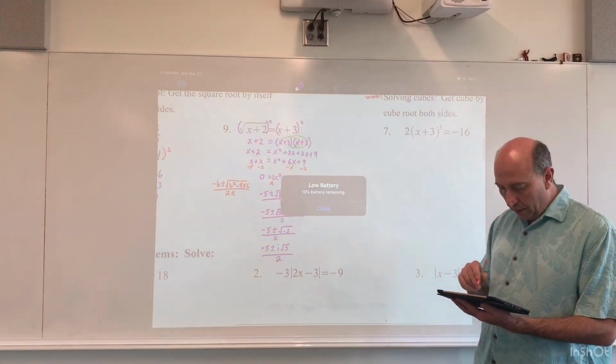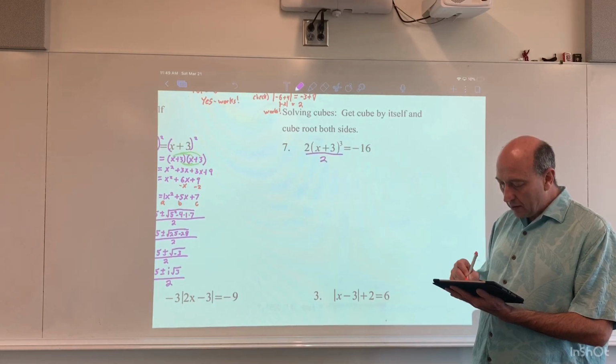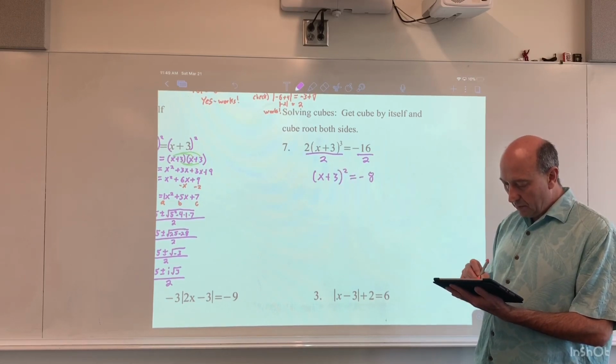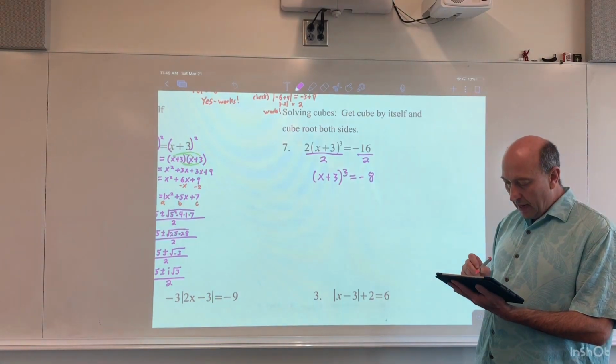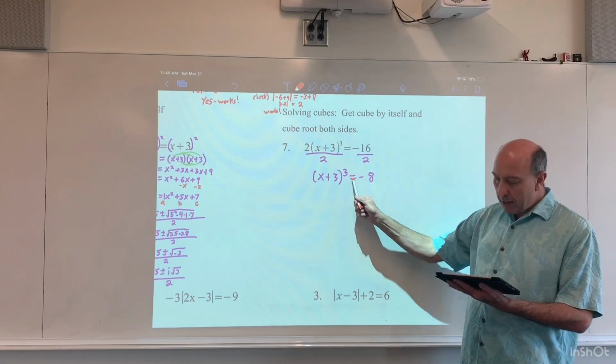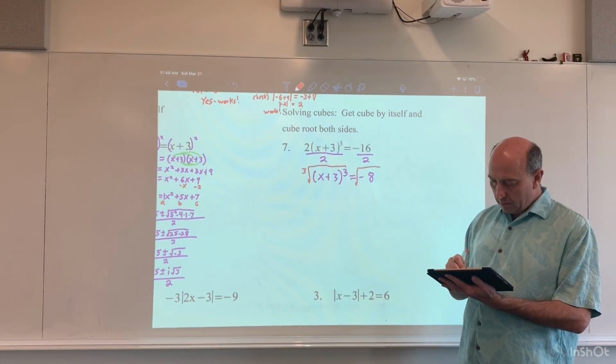Okay, this one, I want to get the cube by itself, so I'll divide both sides by 2, getting x plus 3 cubed equals negative 8. Now, I will cube root. So I want to get rid of my cube by cube rooting.